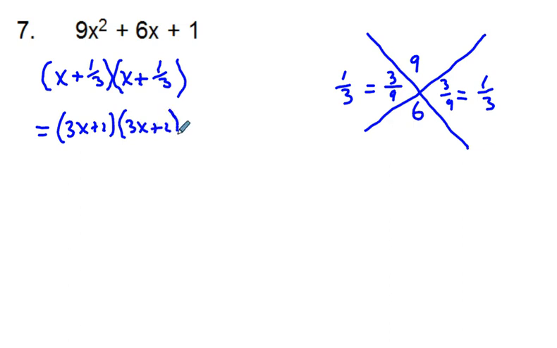And since we have a perfect square here, we can actually rewrite this as quantity 3x plus 1 squared. So either way.